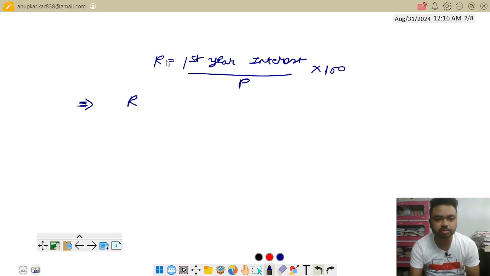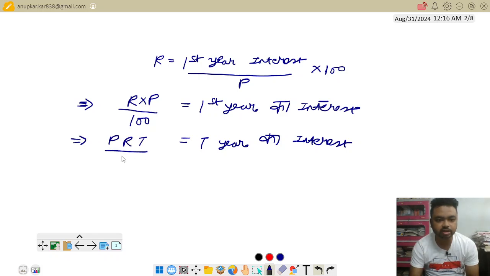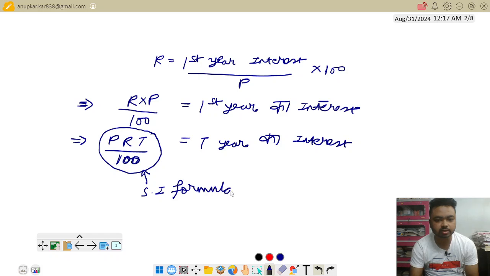R, this P will come to this side, P into R, and this 100 will come to the denominator, equal to first year का इंटरेस्ट. अगर फर्स्ट ईयर का इंटरेस्ट पी आर बाई 100 है तो फिर टी ईयर का इंटरेस्ट क्या होगा? सो टी ईयर का इंटरेस्ट क्या होगा? विल बी गेटिंग पी आर इंटू टी बाई 100, बेसिक यूनिटरी मेथड. सो ये हो जाएगा हम लोग का सिंपल इंटरेस्ट फॉर्मूला. आई होप इट इज क्लियर नाउ.